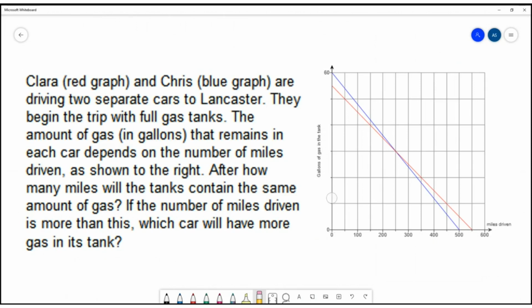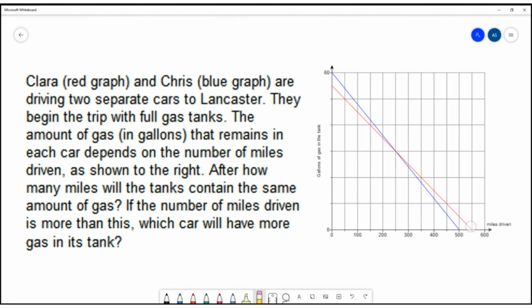So at the very beginning, we have the starting amount of gallons as 60 in one, a little bit less than 60 in the other. So let's read the question again here. After how many miles will the tanks contain the same amount of gas? So the same amount of gas, we can see that we have a line in red for Clara.